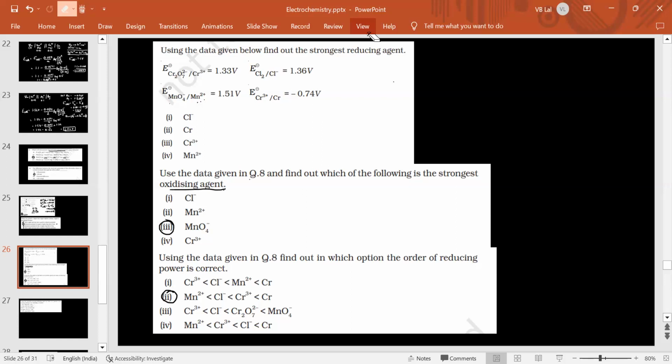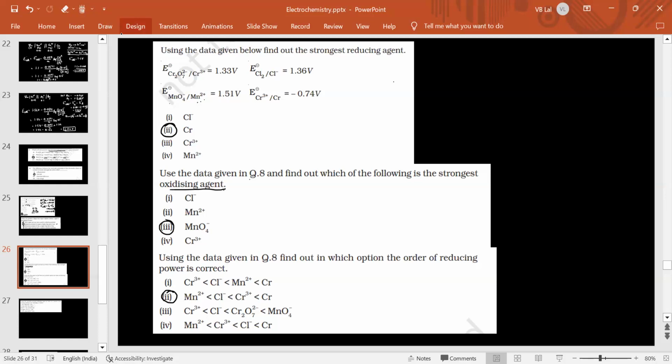So which has the lowest reduction potential? This one. This one has the lowest reduction potential. So it is Cr. You said it right first, right? Miss, Cr3 plus only should come, no, Miss. Which one? Cr3 plus, option 3, according to what you told. It's Cr3 plus, but Cr is minus 0.74, no, Miss.